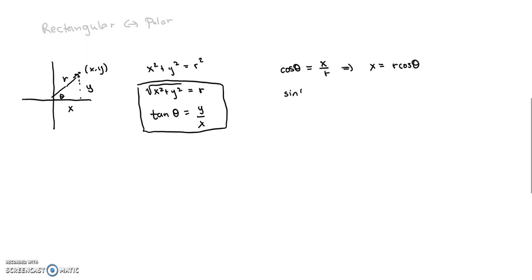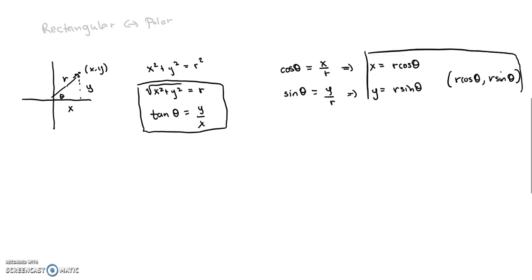And sine theta equals y over r, in other words y is equal to r sine theta. So if you have r and theta, you can get x and y that way. Sometimes we write it as (r cosine theta, r sine theta). We've seen that before, back when we first moved off of the unit circle. So there are our formulas for going between polar and rectangular.